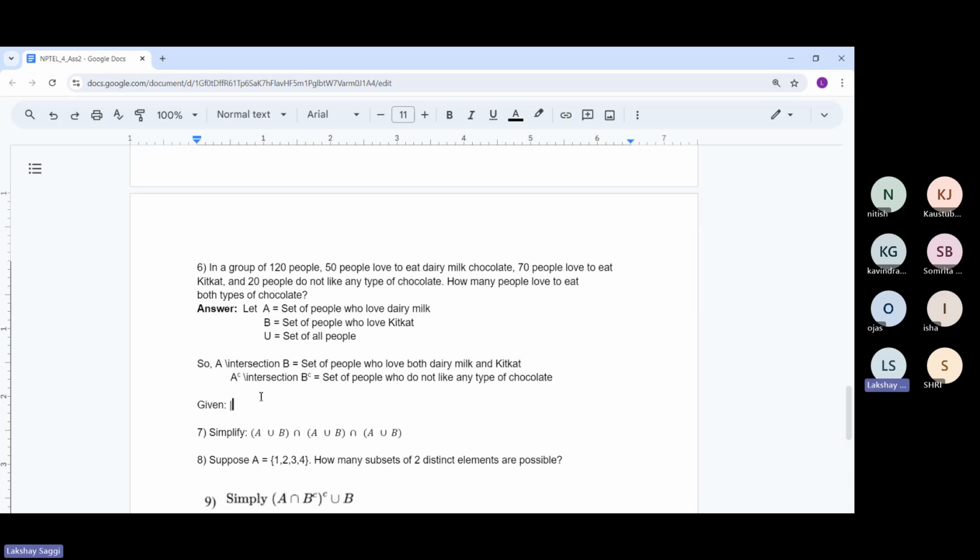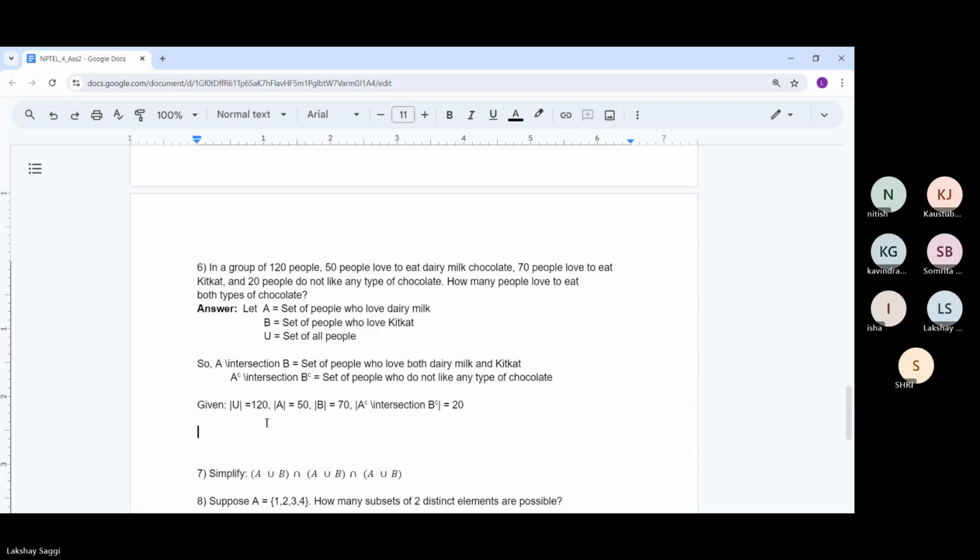We are given that the cardinality of U, the set of all people, is 120, right? The cardinality of A, people who love to eat Dairy Milk, is 50. People who love to eat Kit Kat is 70. And people who do not like any type of chocolate is nothing but 20, right?